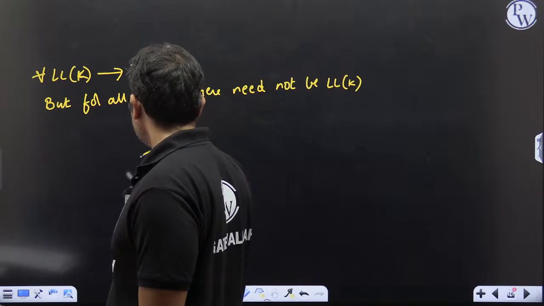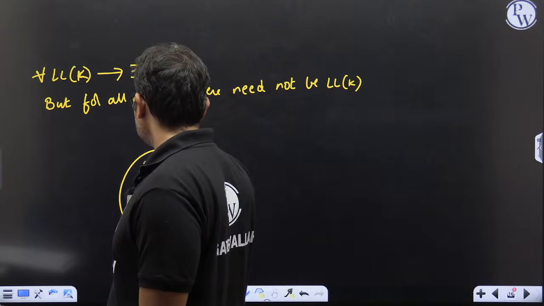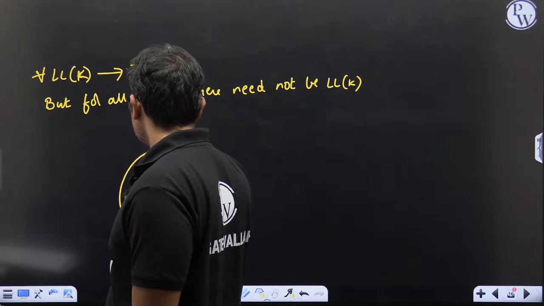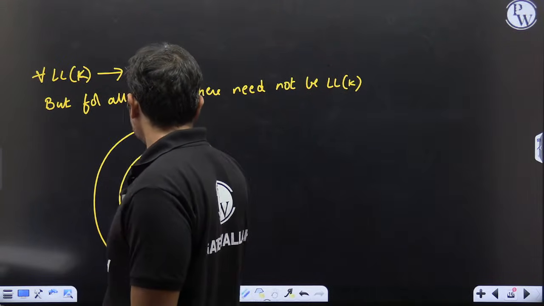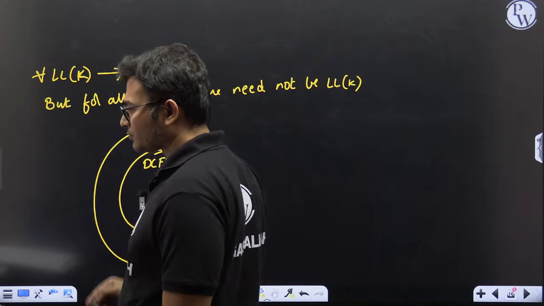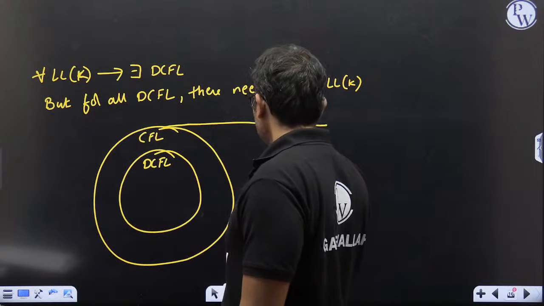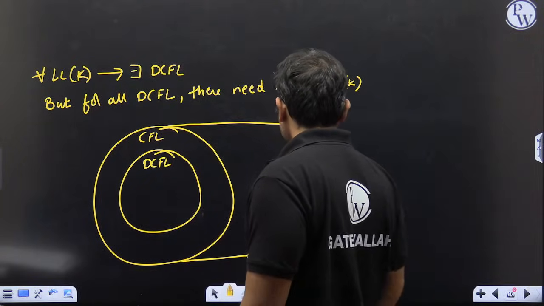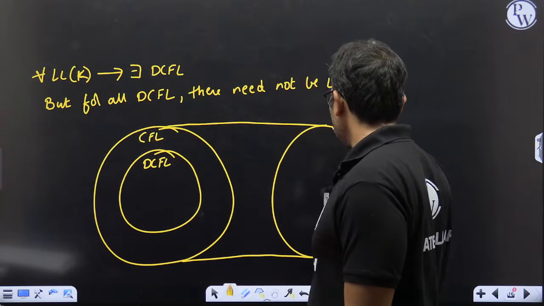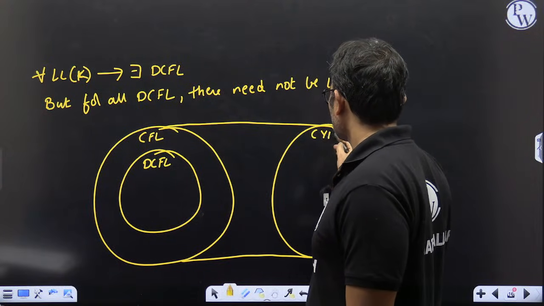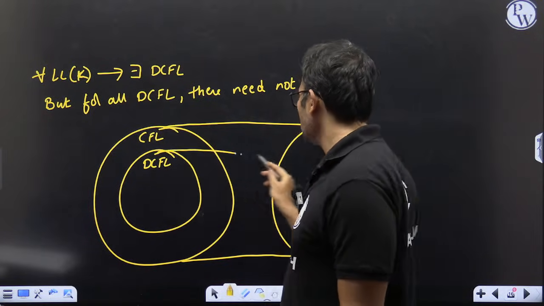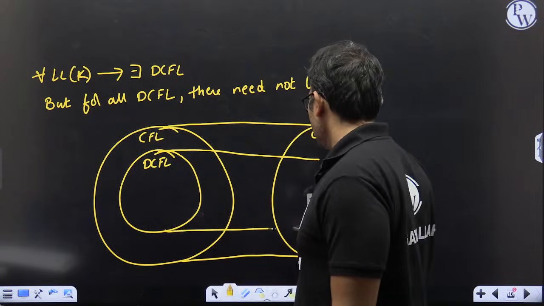So what do I mean by that? If this is DCFL and if this is CFL, for CFL there is CYK, and for DCFL, there is LRK.